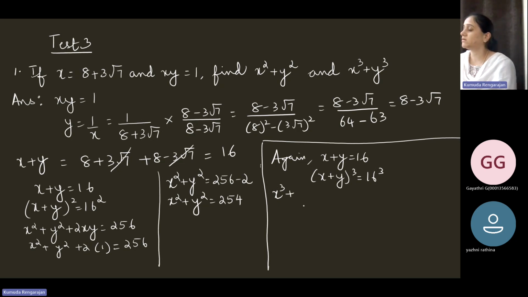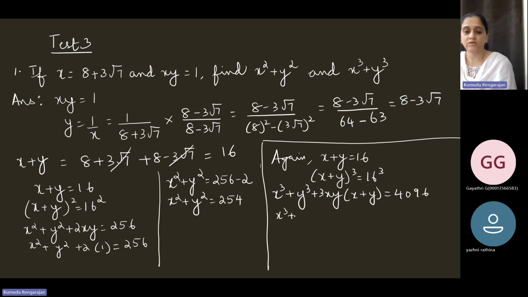How do you expand a plus b the whole cube? A cubed plus b cubed plus 3ab into a plus b. So it will be x cubed plus y cubed plus 3xy into x plus y is equal to 4096.